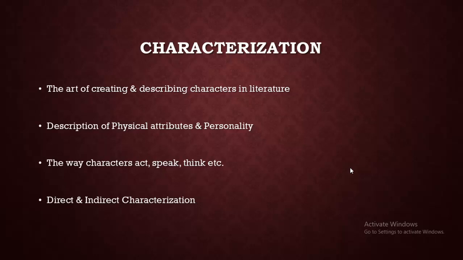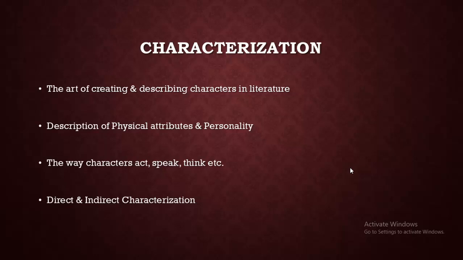So this technique where the writer presents characters to us in certain ways, describes the characters in detail, and creates a complete character in front of us in the form of the story, this skill and this phenomenon is termed as characterization, the art of creating and describing characters.